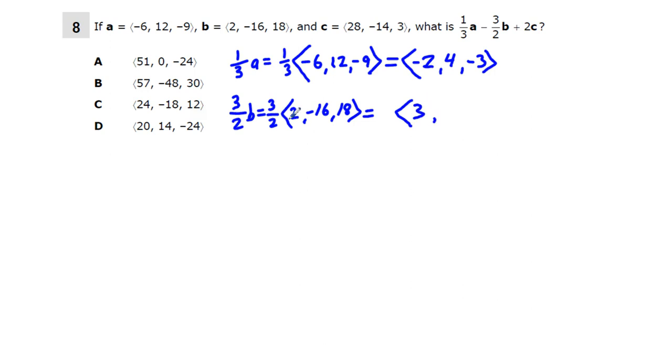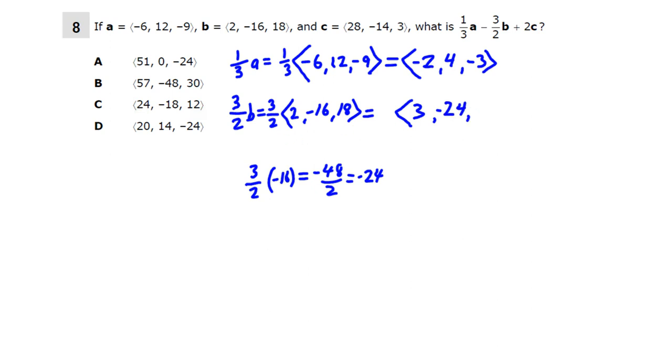And next we're going to have 3/2 of negative 16. So I'm going to do this down below. 3/2 times negative 16 is going to be 3 times negative 16, which is negative 48 over 2, which is negative 24. So I'm going to put negative 24 here.